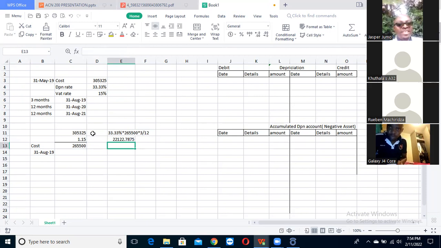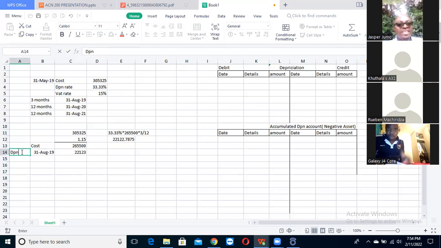And that becomes our depreciation charge for the first 3 months in which we bought the asset. So if we are going to round this to the nearest rand, it becomes 22,123 rand. So that is the depreciation as at the 31st of August 2019.